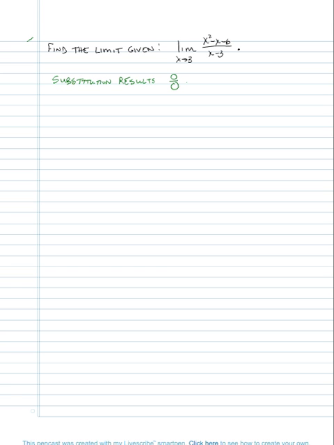Here's what we'll notice. We're going to go through the process here, and this is the way I'd like you to write it. We'll start out rewriting the limit: the limit as x approaches 3 of the fraction x squared minus x minus 6 over x minus 3.